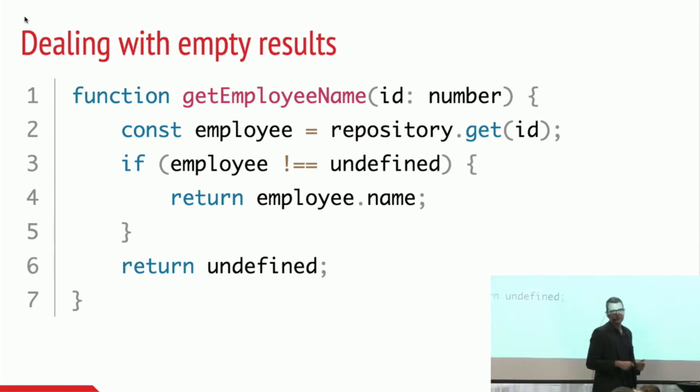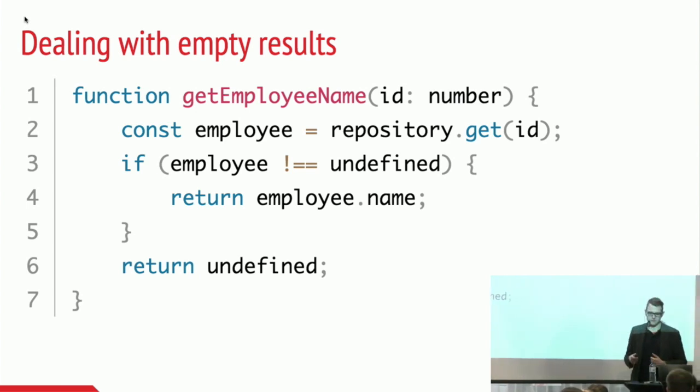It's a pretty simple function, but we have to be careful about one thing. The employee with the ID given to this function can be non-existent. It may not be in the repository. So we have to have this if statement that checks if the result of repository.get is undefined.